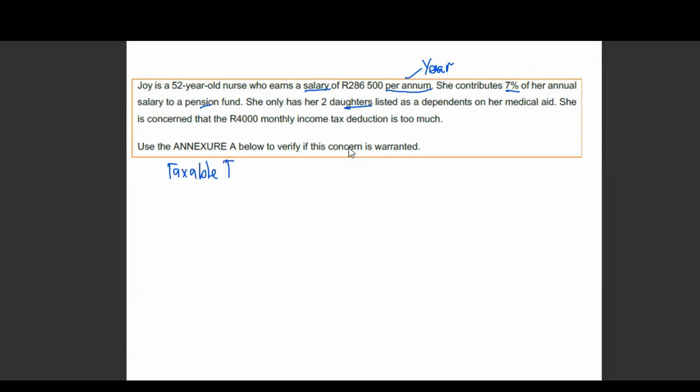The first thing you do is to look for taxable income, which we said equals the gross minus the tax deductibles. Together? Tax deductibles. Now here we only have what? We have pension.